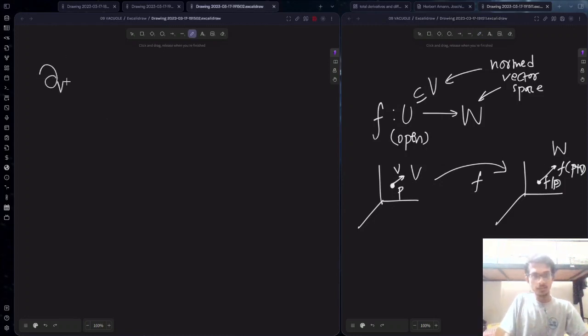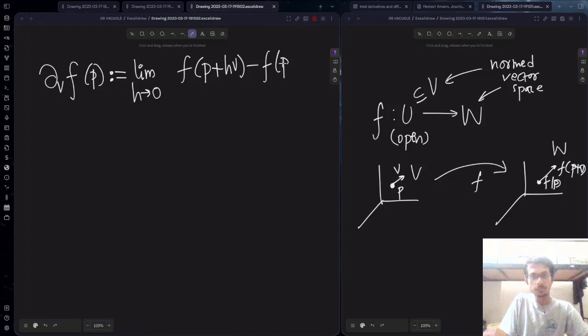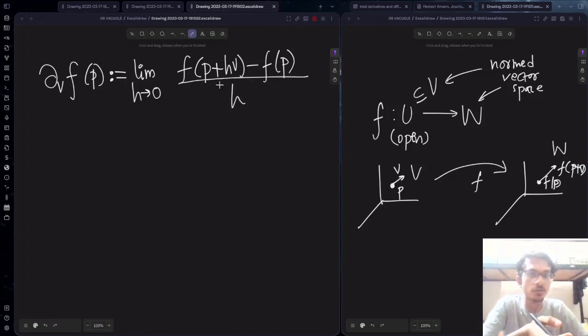So the directional derivative of f at p in the direction v is defined as the limit of h tending to 0, where I just change every v to h v, of f of p plus h v minus f of p, divided by h.